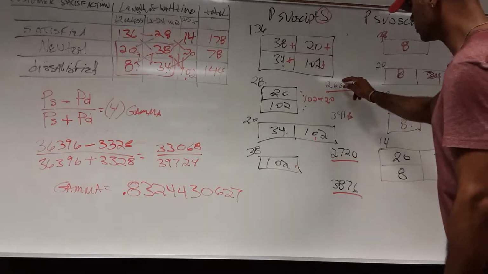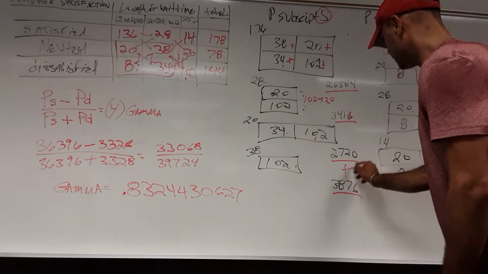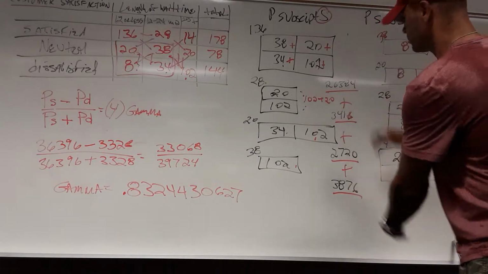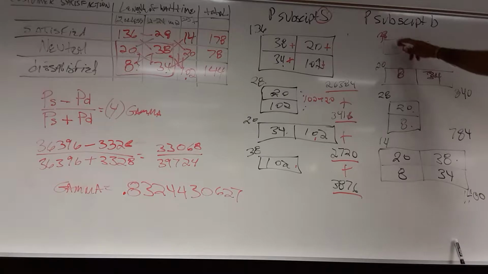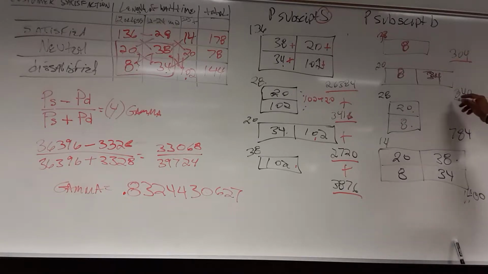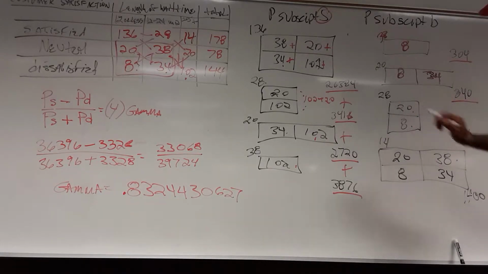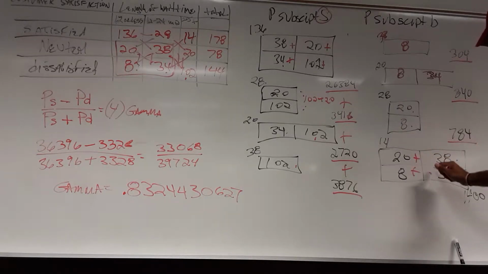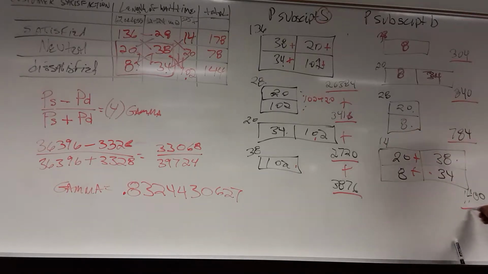Then we're going to take all of these and add them all together, and that would give our P subscript S. I'm not going to do that just yet. We're going to go over here. 38 times 8 is 304. 20 multiplied by 8 plus 34 is 840. 28 multiplied by 20 plus 8, which is 28, 28 times 28 is 784. Then 14, and you have to add all these, so 20 plus 38 plus 8 plus 34, multiplied by 14, is 1,400.